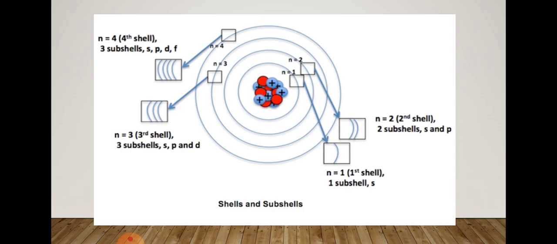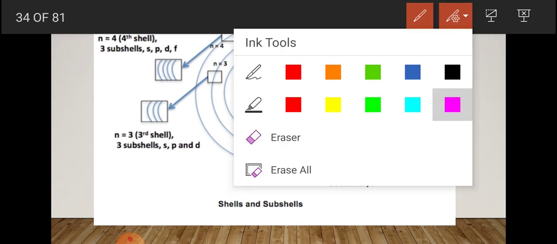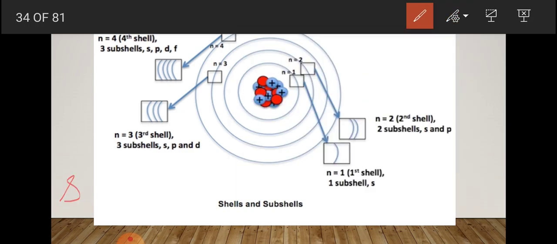Next is subshell. Subshells are represented by the letters S, P, D and F. And the maximum number of electrons in S, P, D and F subshells may be: in S, one orbital will be there, maximum 2 electrons.